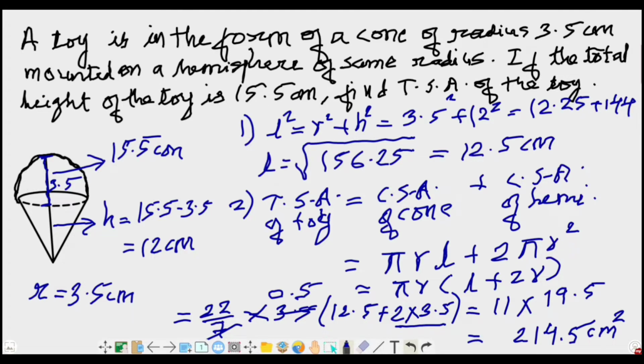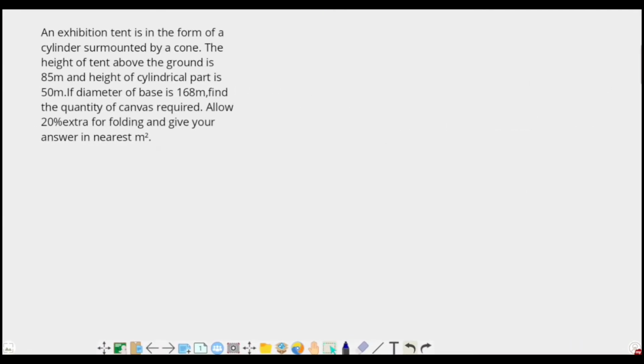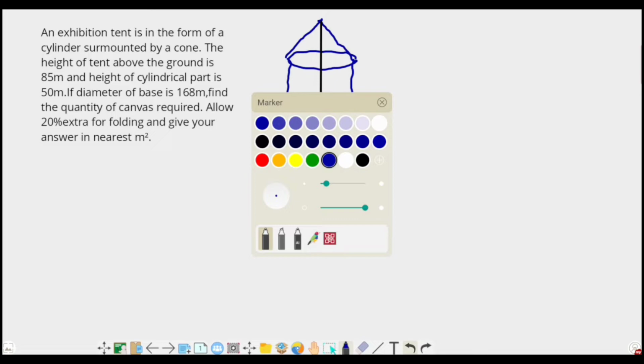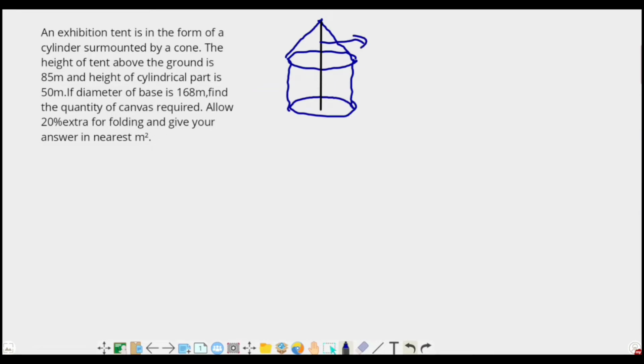Got it? Now students, let's solve this one. An exhibition tent is in the form of a cylinder surmounted by a cone. You have to consider this cylinder surmounted by a cone. The height of the tent above the ground, this full height, is given as 85 meter.